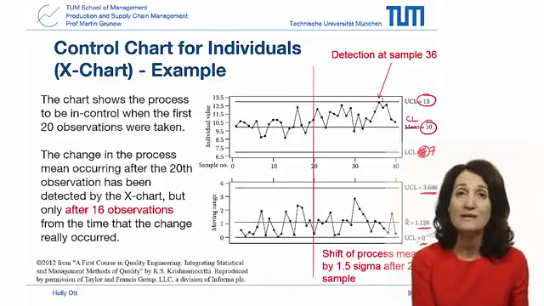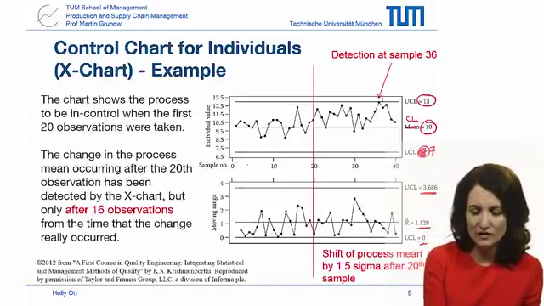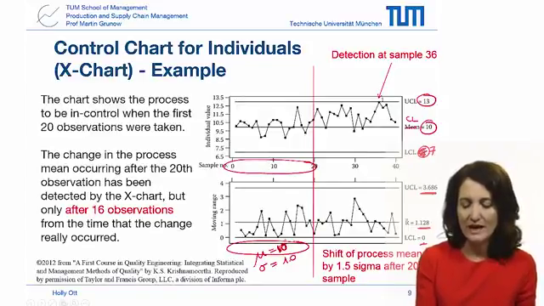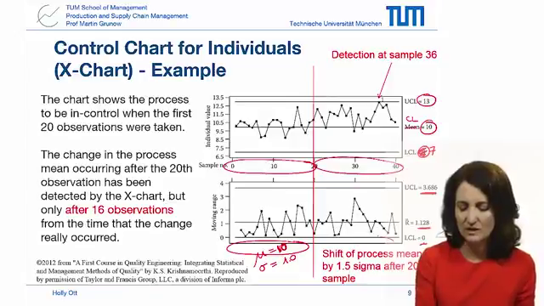So what we see for these first 20 observations, so here and here, we have the mu is equal to 10, and the sigma is equal to 1.0. And for these next 20 observations here, the mean has shifted to 11.5.